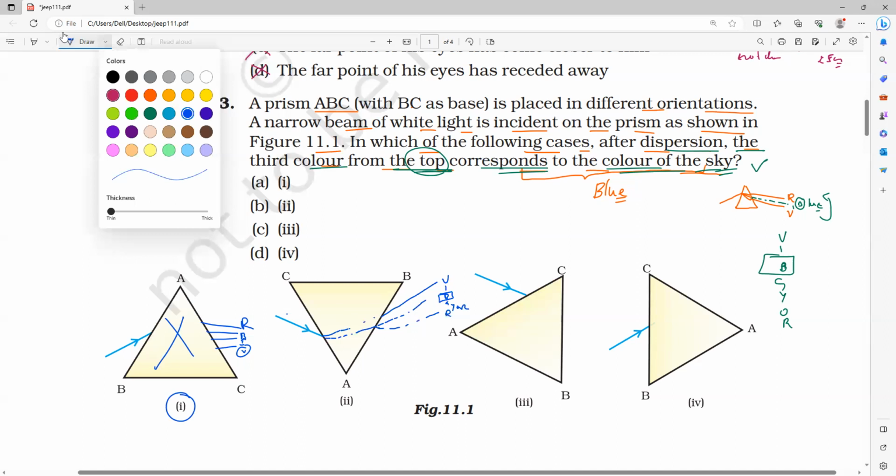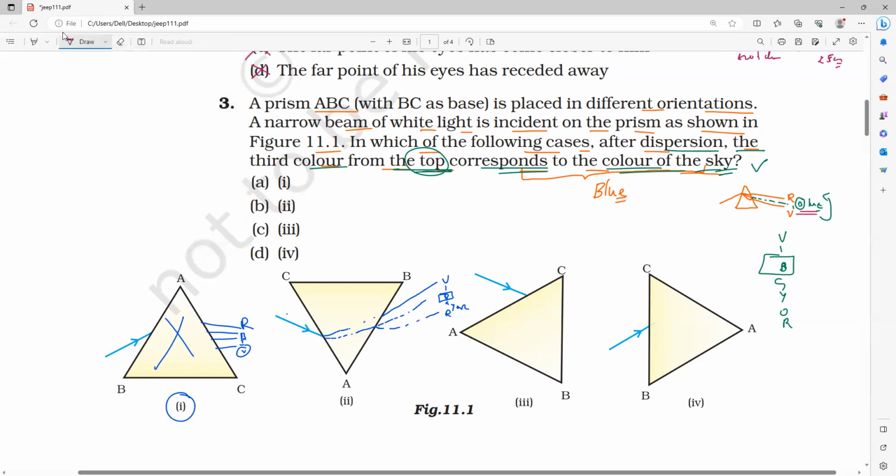Blue color. Understanding, all of you? From the bottom, the third color means we have to place the prism same as this one. From the top it is the blue color, corresponding to the color of the sky. So it is actually an inverted prism. That is what you have to remember. Understanding? Please respond, all of you.